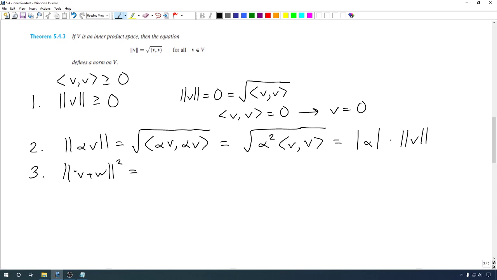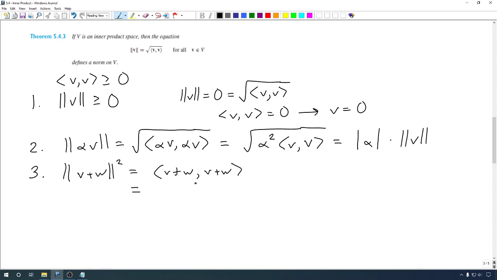So remember, the norm of v plus w squared, by our definition, is the inner product of v plus w with itself. We don't have to take the square root because the square is here.